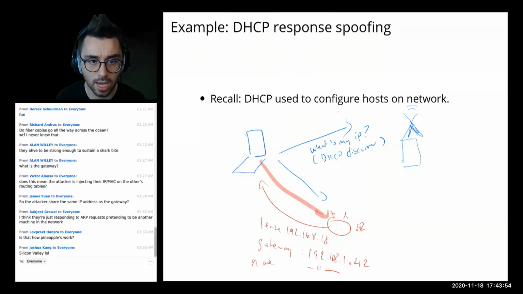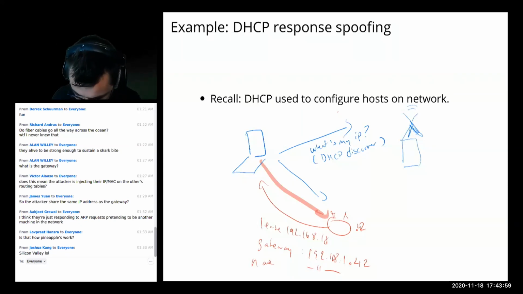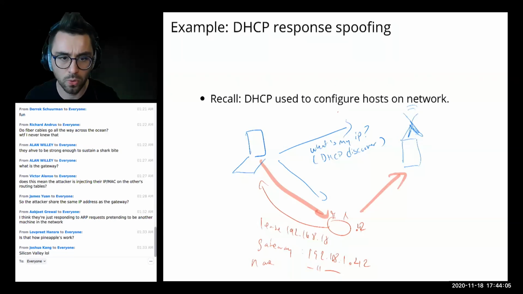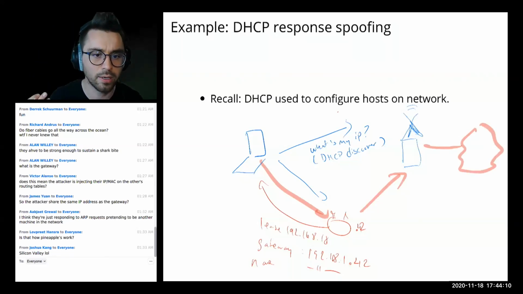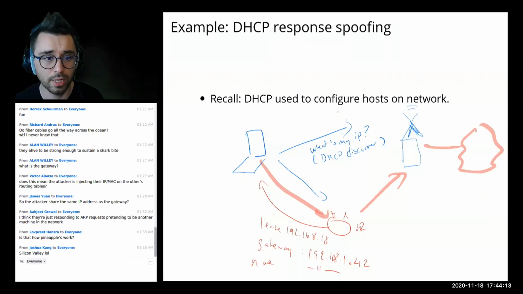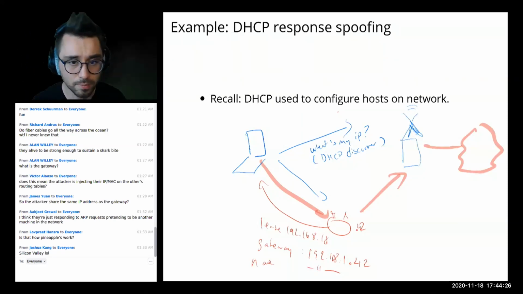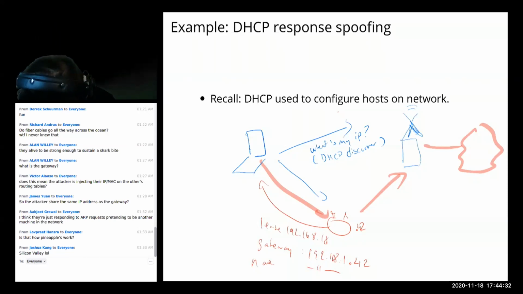So it asks the attacker for DNS information, and it tunnels all network traffic through the attacker, who can then either forward these things through the AP to the rest of the internet, or for things like DNS, just reply back with, hey, if I know you're looking for google.com, instead of telling you the actual IP address of google.com, I'm going to pretend that the IP address of google.com is 192.168.1.42, right? So now when you're trying to connect to Google, you're actually connecting to my attacker machine.